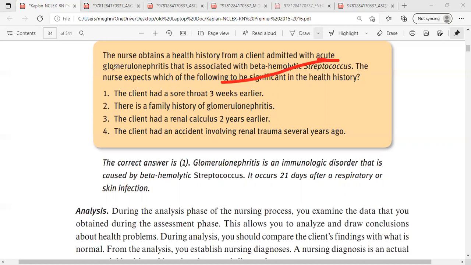glomerulonephritis, right? So inside the kidney, if you go to the anatomy of the structure of the kidney, we can see the glomerulus. So if any antigen antibody reaction occurs and inflammation occurs of the glomerulus, it is called glomerulonephritis.